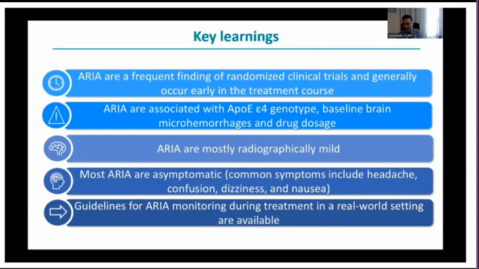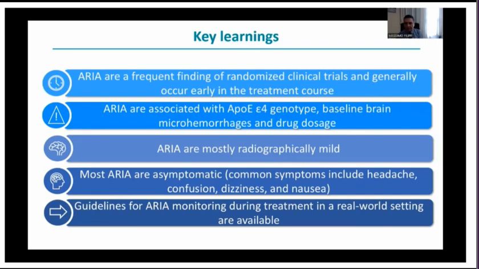After titration, patients are unlikely to have these events. There are clearly defined risk factors, which are ApoE epsilon 4 carriers, as well as microhemorrhages on baseline brain MR, and drug dosage, at least for ARIA-E.